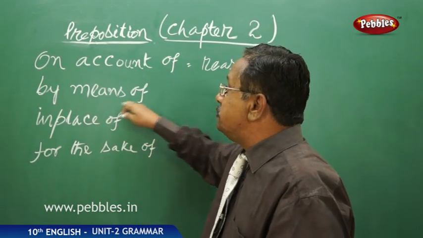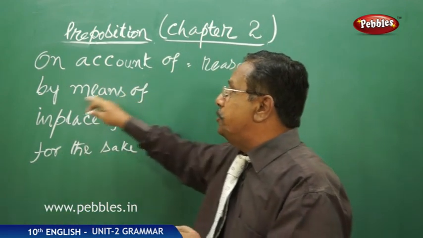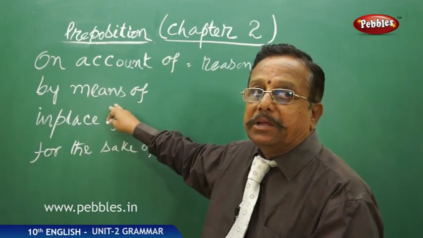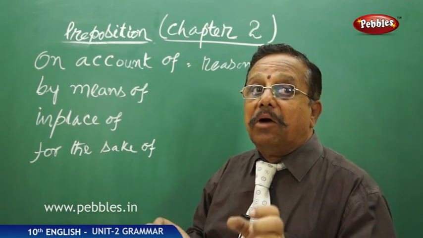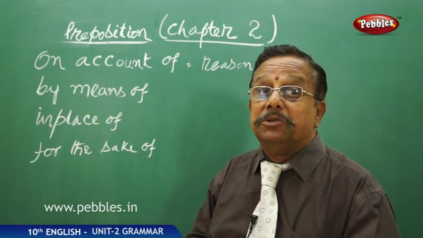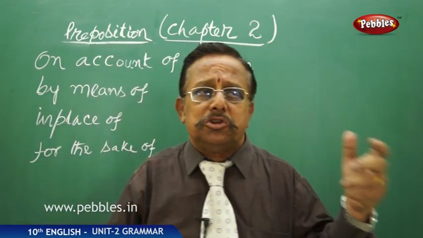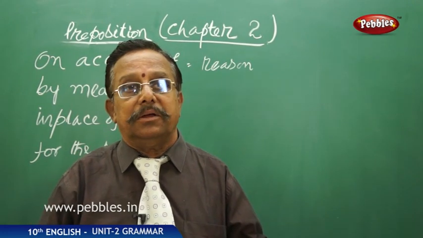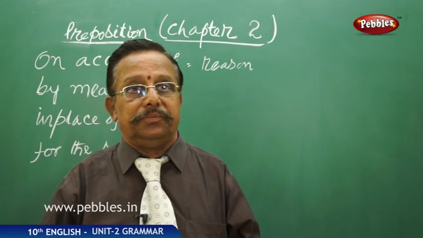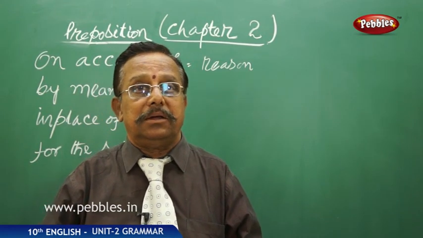Now, by means of, by and of, these two are prepositions, and a word, means, has been used. By means of is a phrase, and now where are we using this by means of? Whenever there is some instrument, some reason for some action, then we are using by means of. Right?